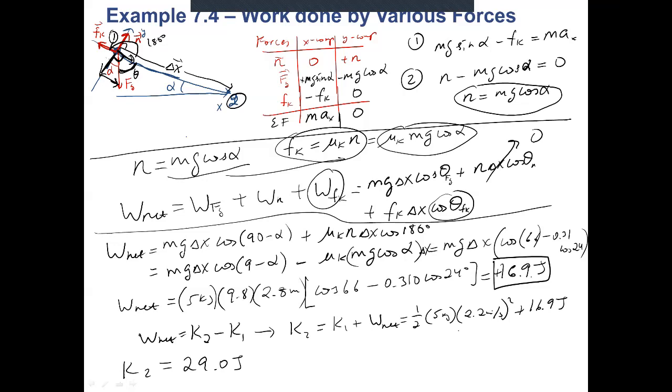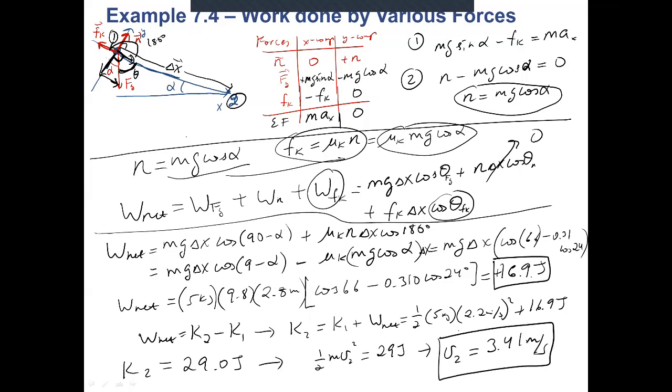Then we can solve, because kinetic energy 2 is 1/2 m v2 squared, equals 29 joules. Rearrange and solve for the speed 2 from this equation, and we get 3.41 meters per second, which means it's moving faster than 2.2 because there was added energy to the system.